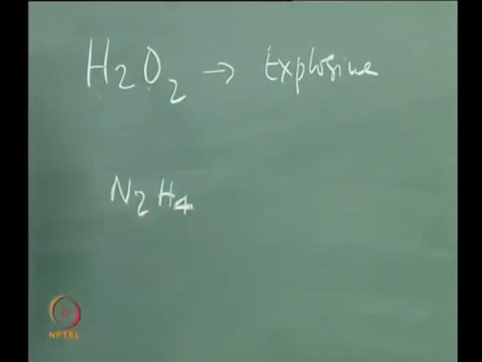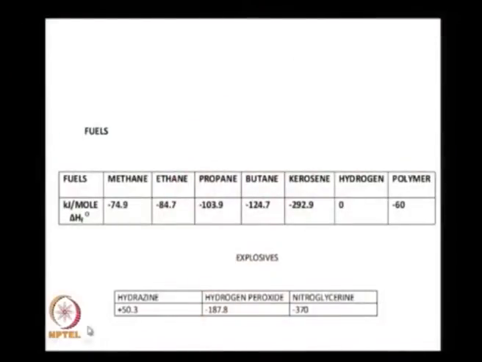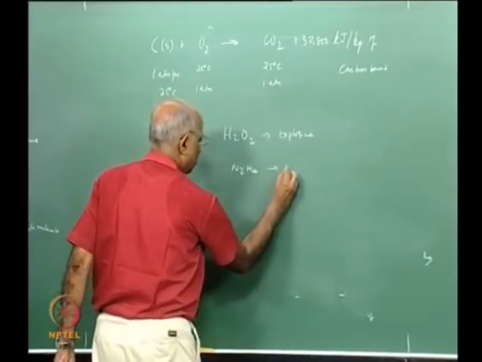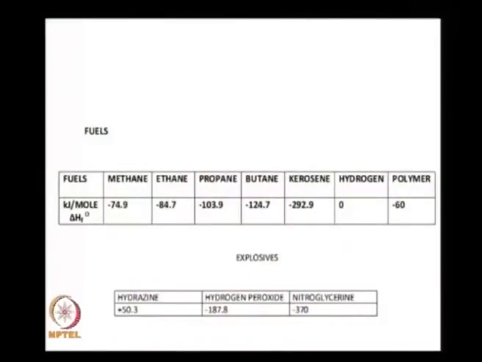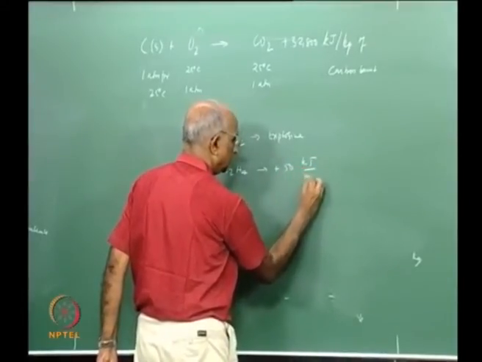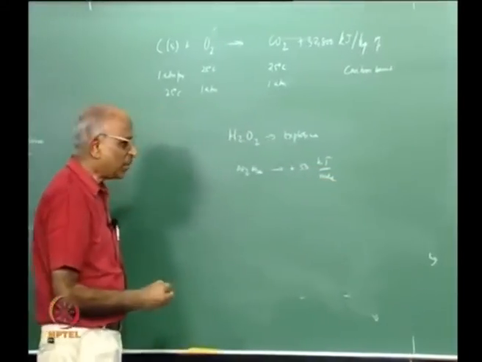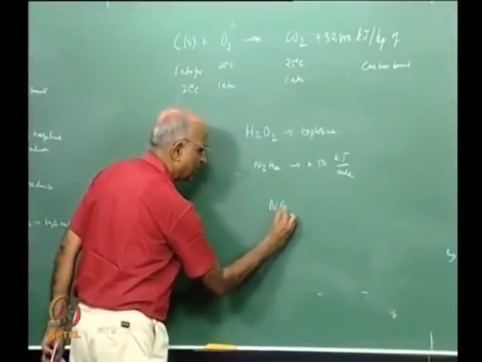Therefore, such substances are explosives, and if we take some of these substances, let us say hydrogen peroxide has a heat of formation of minus 187.8. What is hydrazine? Hydrazine is what I wrote here, N2H4. It has a small positive value of heat of formation, something like plus 50. And if I were to consider some other explosive, like nitroglycerine.